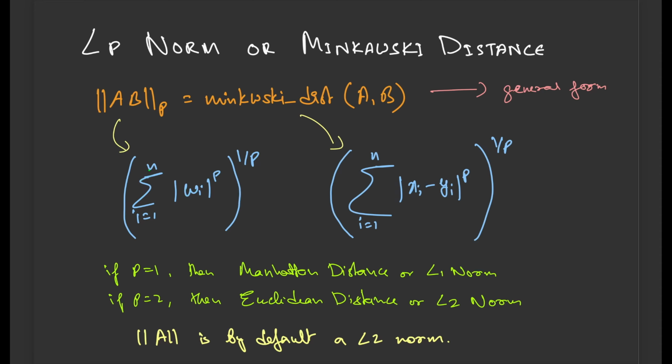And similarly, you can derive the formula for L2 norm from this as well. If you put P equals to 2 here and then P equals to 2 here, you get the formula for the L2 norm. Basically, we are taking absolute value and then squaring, right? This is slightly different, but if you see, the square will anyway give you the positive number, right?